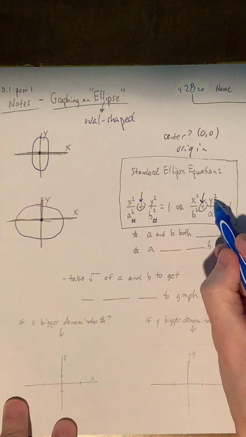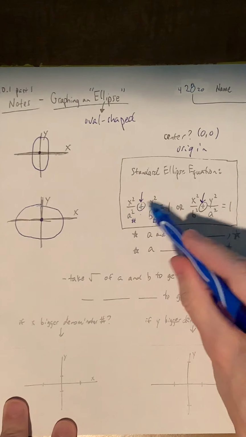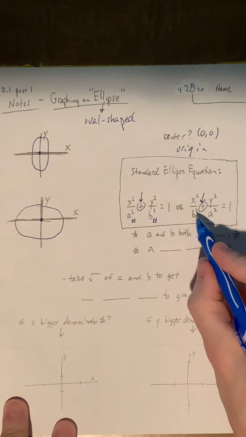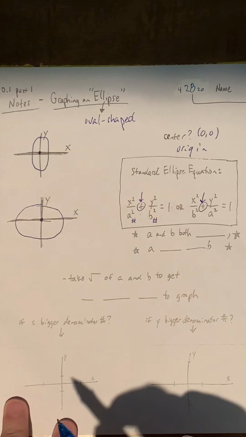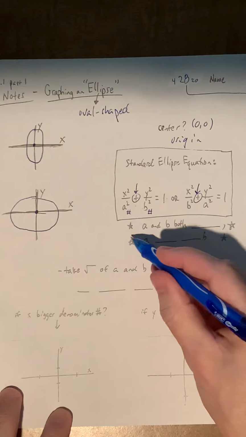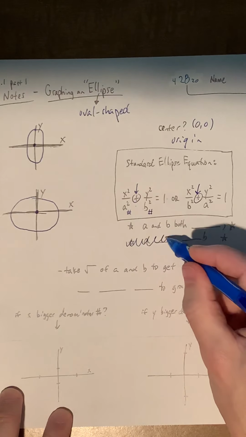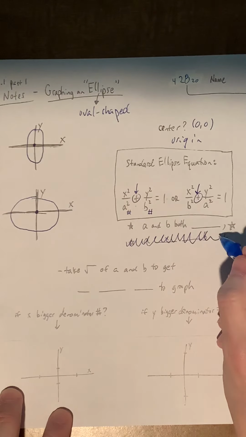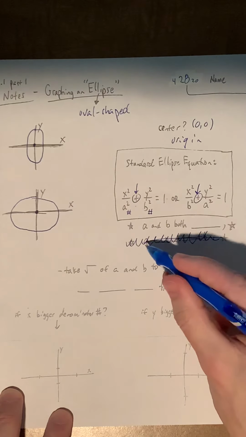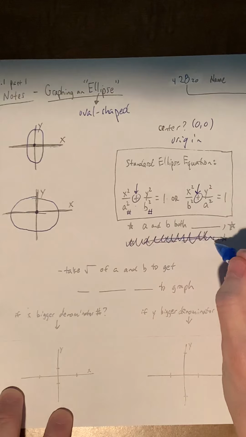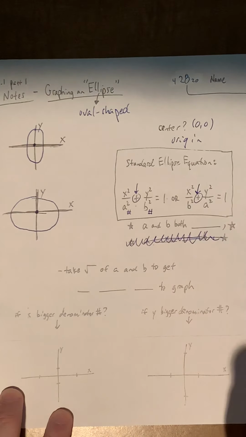So x and y on the top of the numerator being squared, and a number on the bottom, okay? And a 1 on the other side. Now, right here, you can get rid of that. We don't need to, I put this here because we were going to differentiate between the numbers A and B, but we don't have to do that today.